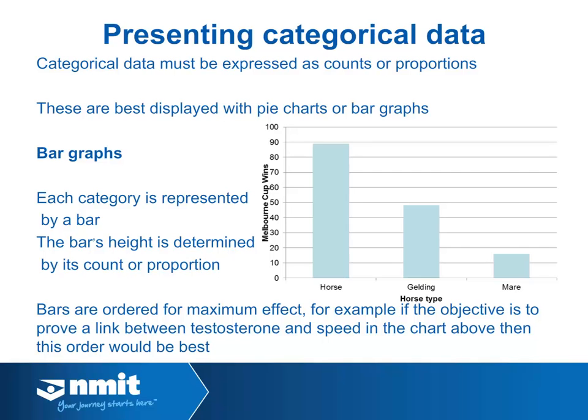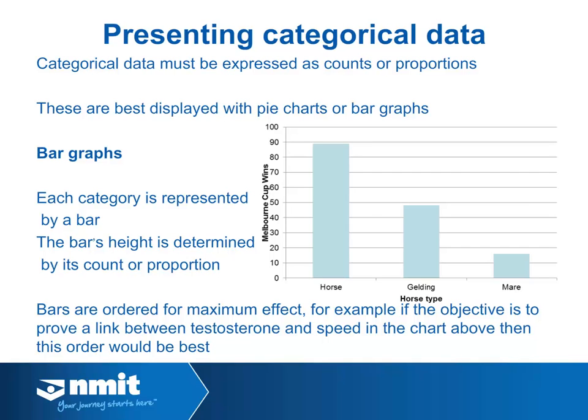Confusingly, as I also discussed, often we use categorical variables as a way of extracting numerical data from larger data sets and analysing that. So for example, in the Melbourne Cup winners data set, which could be broken into winning horses that were stallions, winning ones that were geldings, and winning ones which were mares, we could then do analysis on, say, the performance of just the stallions.